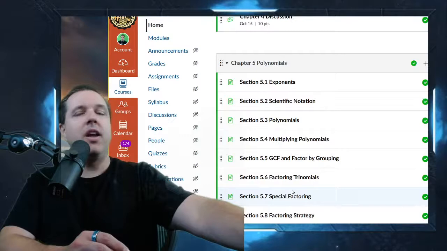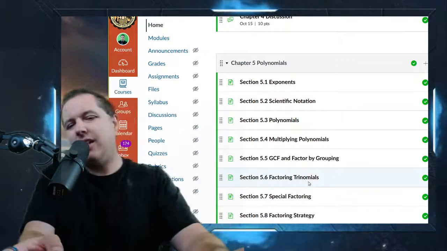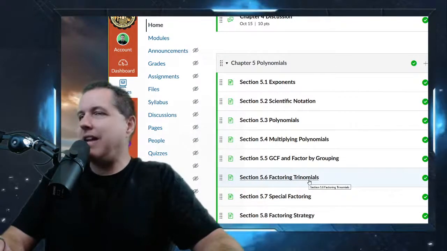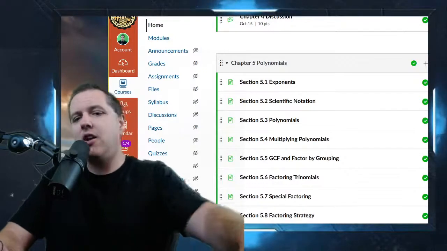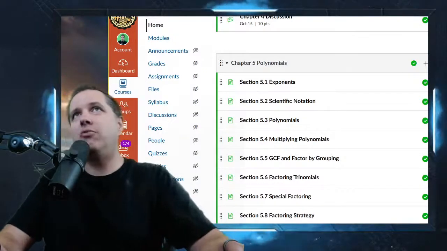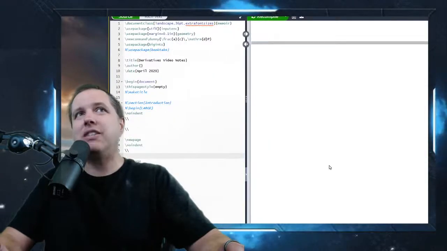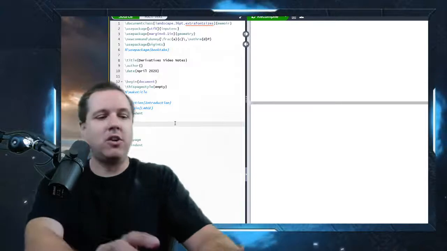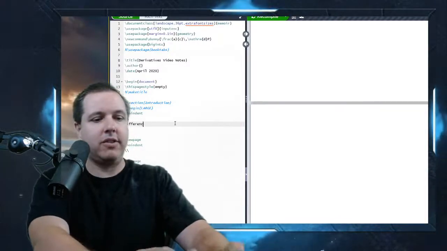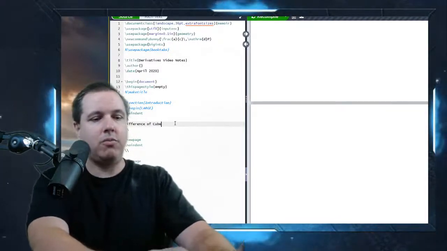Okay? And they're not a super trivial formula. They're not as easy to pick up as the difference of squares formula is, but we'll take a look at those formulas and we'll see they're not actually as scary as they look either, right? They're actually not too bad. So the first one we've got is called difference of cubes.